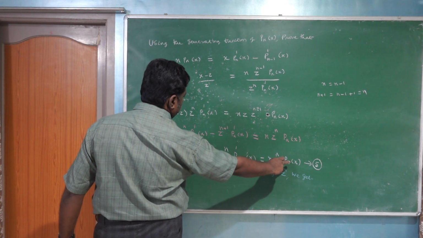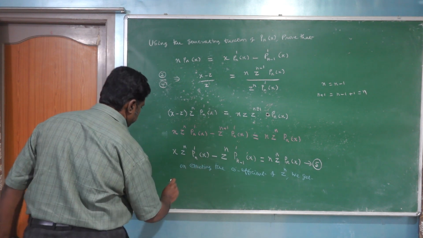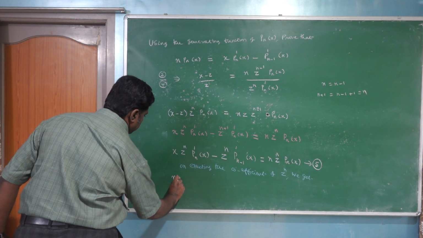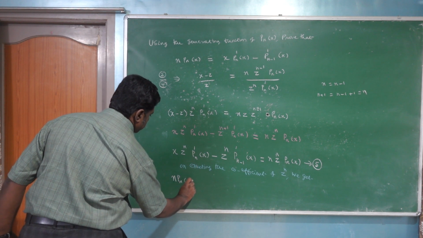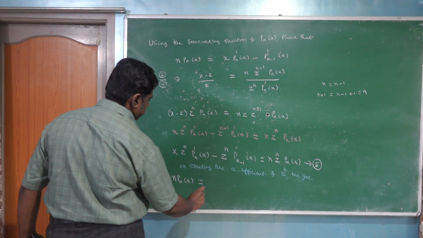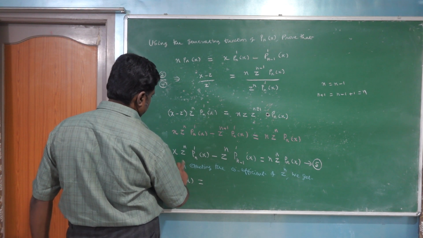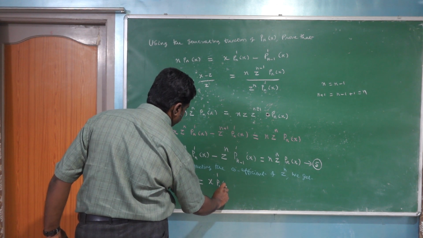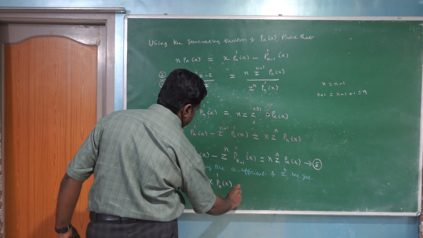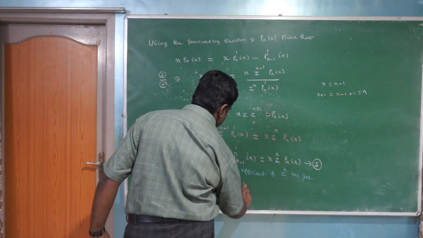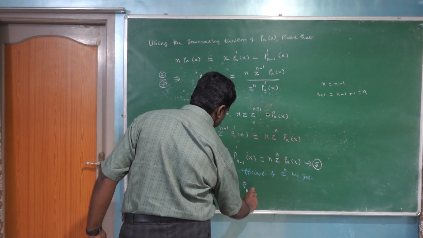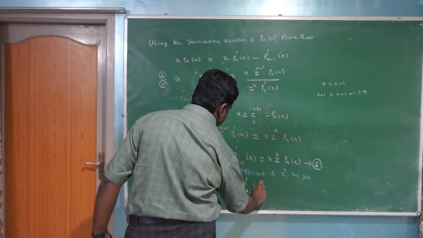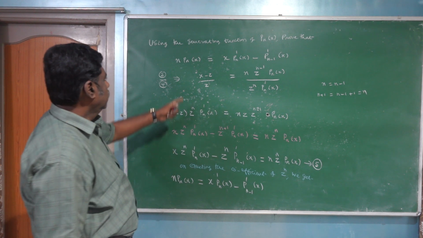Here n into Pn of x, write down that term first. n into Pn of x is equal to x into Pn dash of x minus Pn minus 1 dash of x.